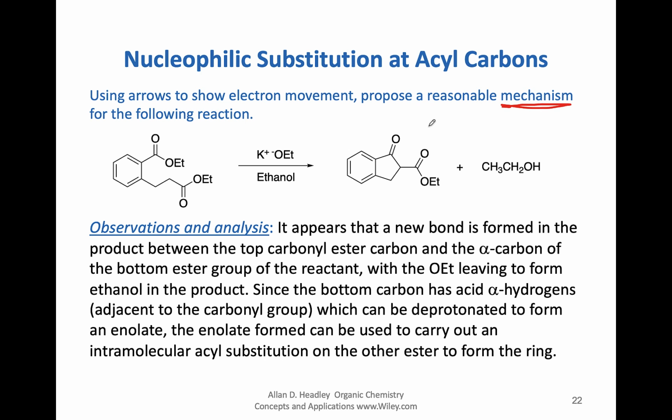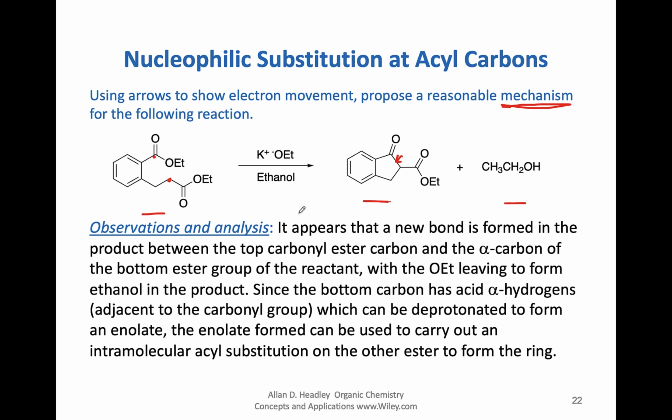We're just using arrows to show how bonds are formed and how bonds are broken, using arrows only to show how we go from reactant using these reagents here to give our products. So let's do the analysis. It would appear that there's a bond formed between this carbon and this carbon right here.